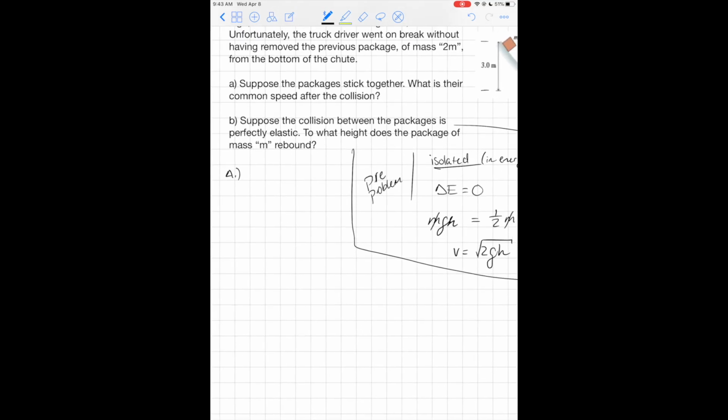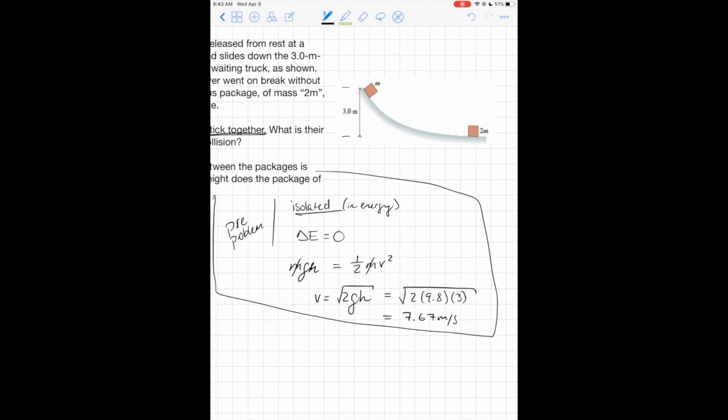For part A, we're saying suppose the packages stick together. So we're saying that this is a perfectly inelastic collision. Is this an isolated scenario? I would say yes. I think this is an isolated collision.